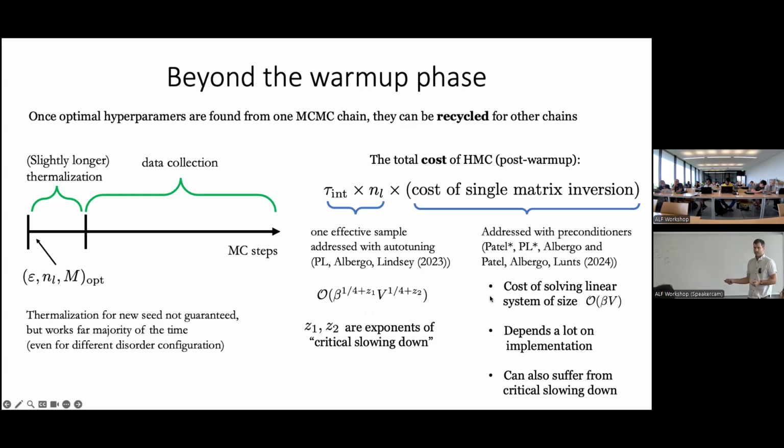Here Z1 and Z2 are exponents of the critical slowing down. If you have some kind of stickiness, like at a critical point or in a critical phase, then these can be large. And the matrix inversion is the cost of solving a linear system of size beta V. It depends a lot on the implementation, and it can also suffer from critical slowing down. I'll address that point tomorrow.